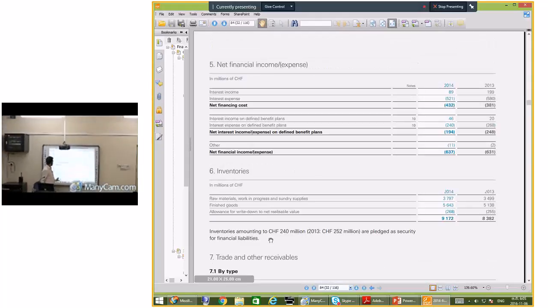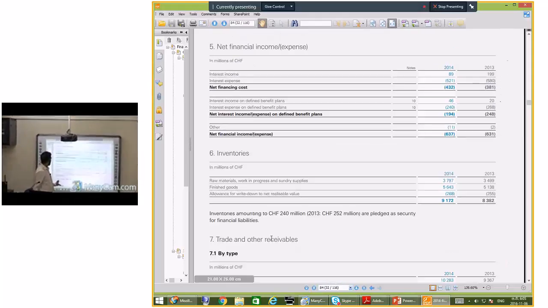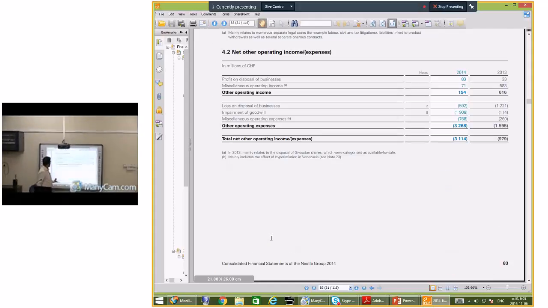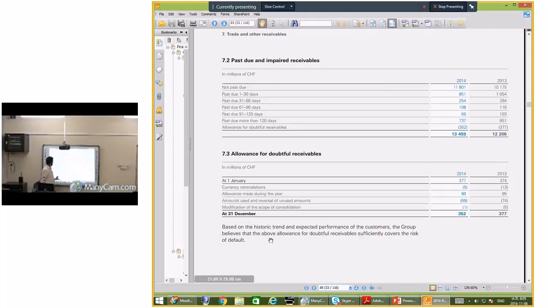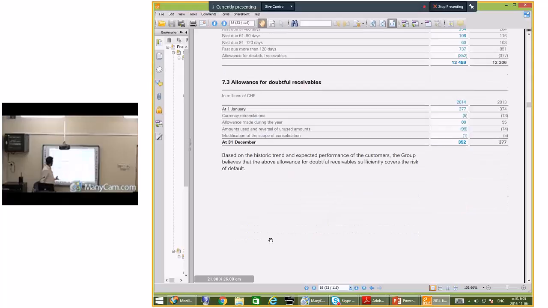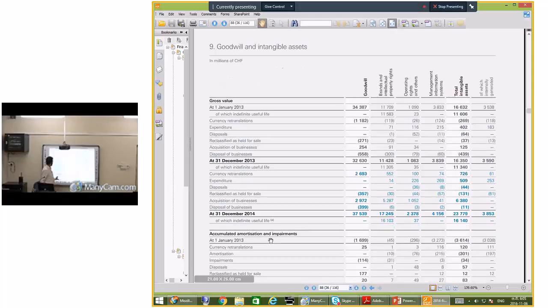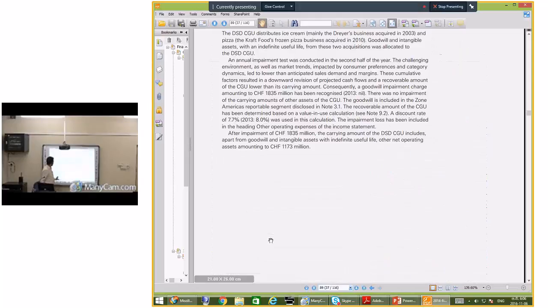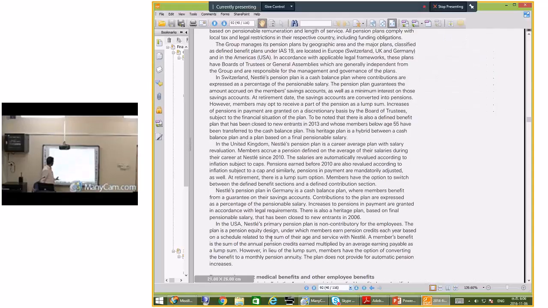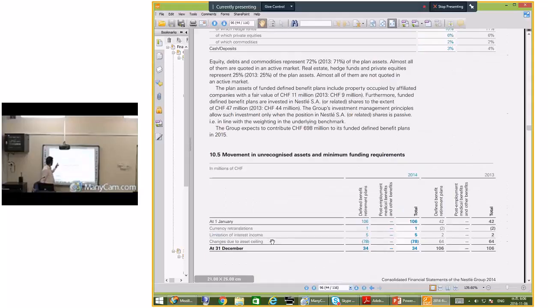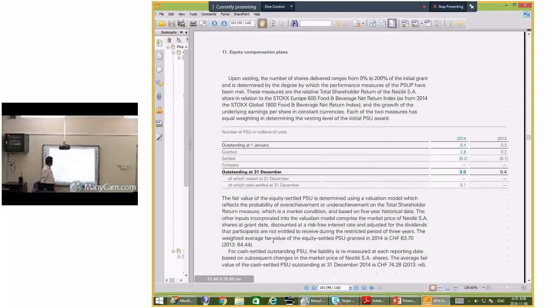Then notes to the accounts here, inventories and other net financial income, then allowances for doubtful receivables, right? You can see a number of workings here, goodwill and intangible assets, right? This document has 116 pages.